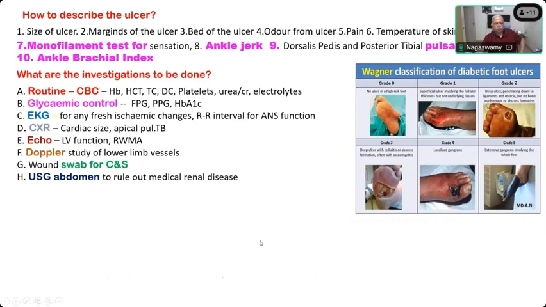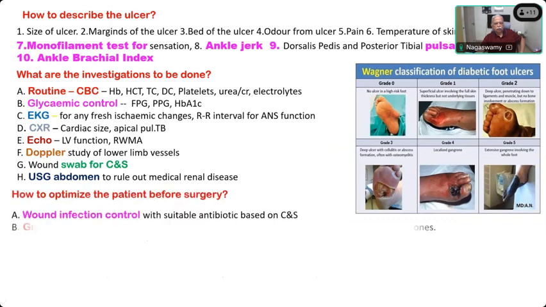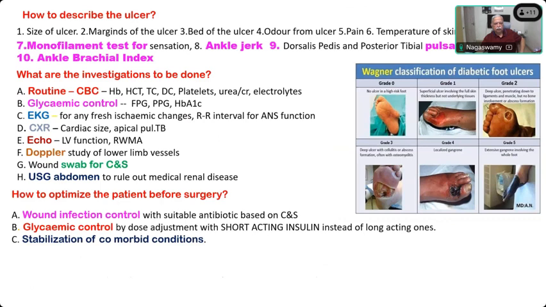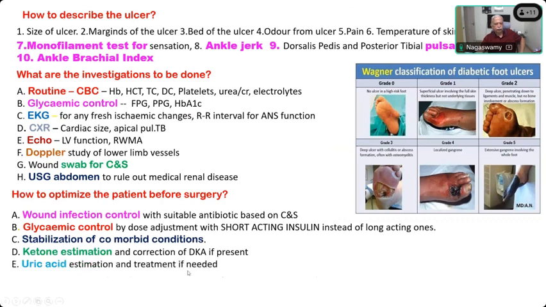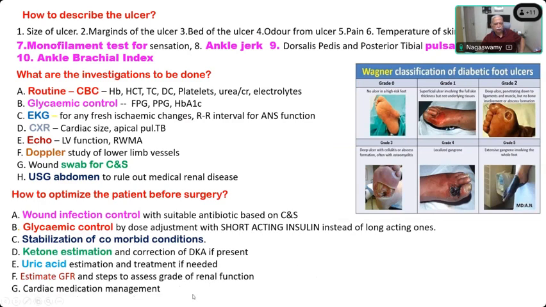And even if the patient is only on oral anti-diabetic agents, you can give short-acting insulins temporarily for controlling the infection. Stabilization of comorbid conditions, ketone estimation to see whether any ketoacidosis is present, uric acid estimation and treatment if needed, estimation of GFR to assess the renal function, cardiac medication management.